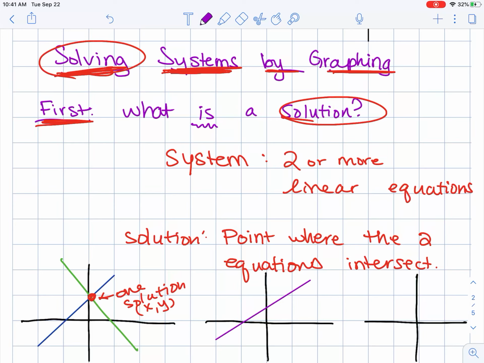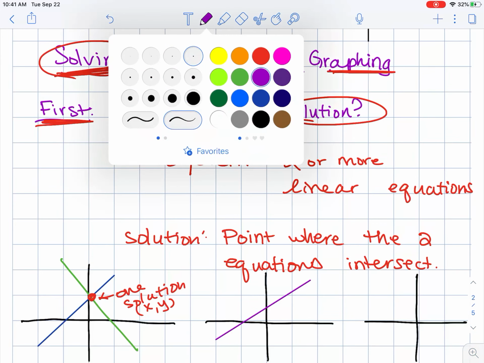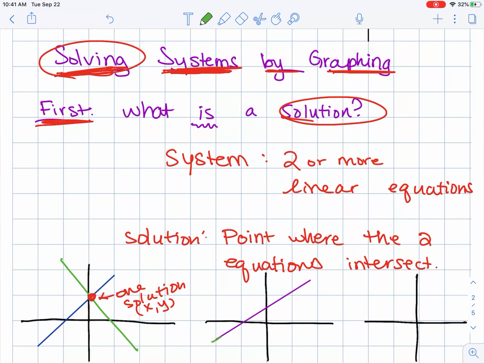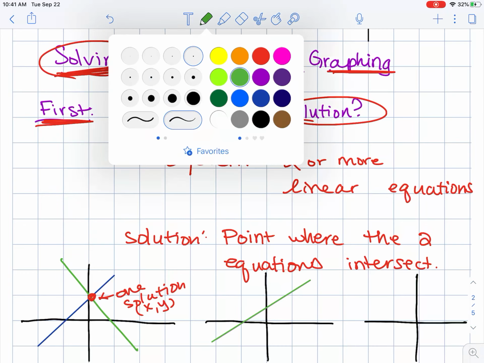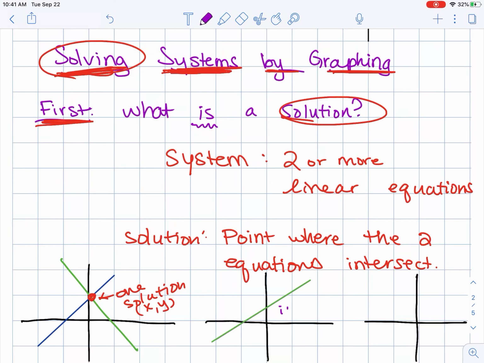Now, what if I had this? I have this equation, and then I have another equation that's the same equation. Now, those two lines intersect at all of the points in the line. So this is what we call infinite solutions, because every single point on the line is another point on the other line.